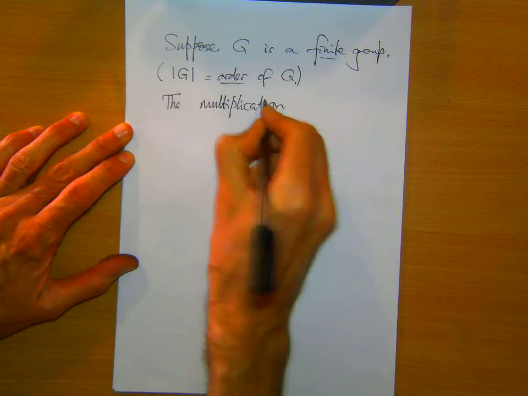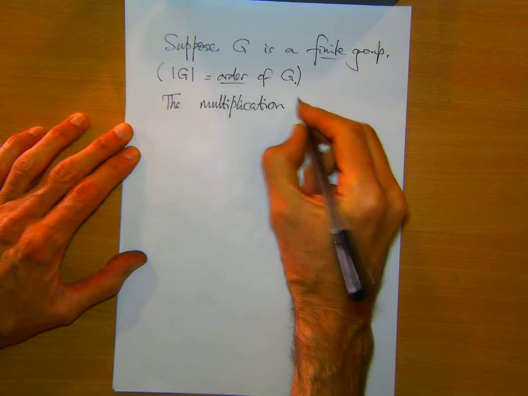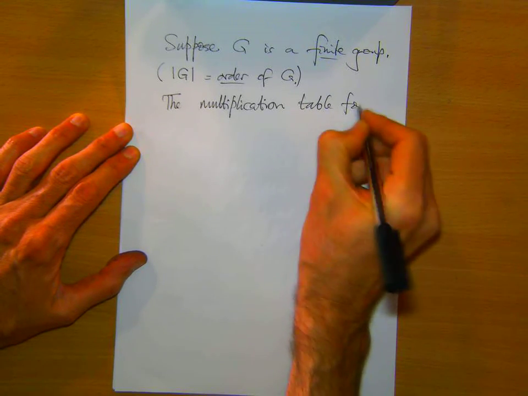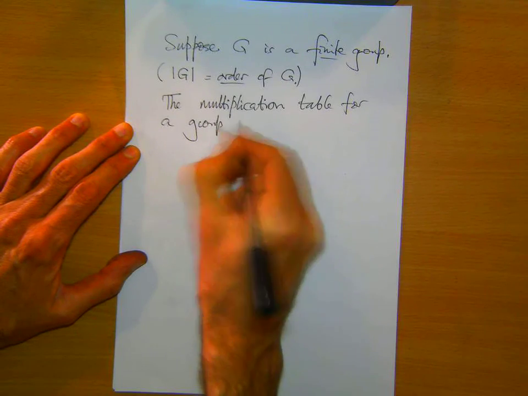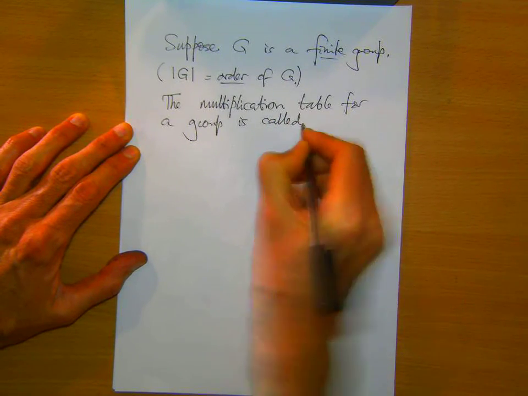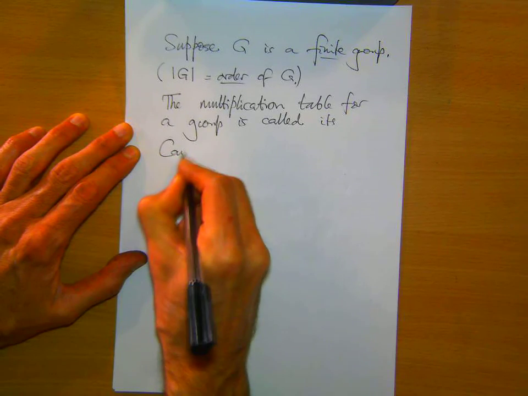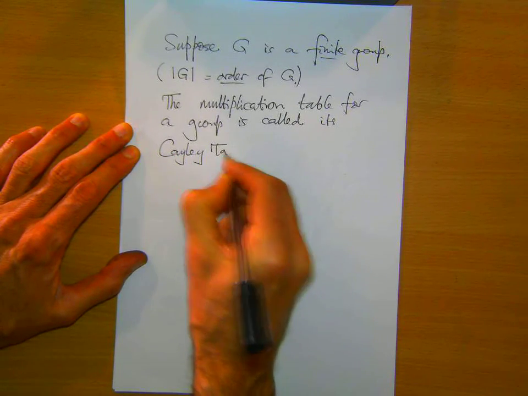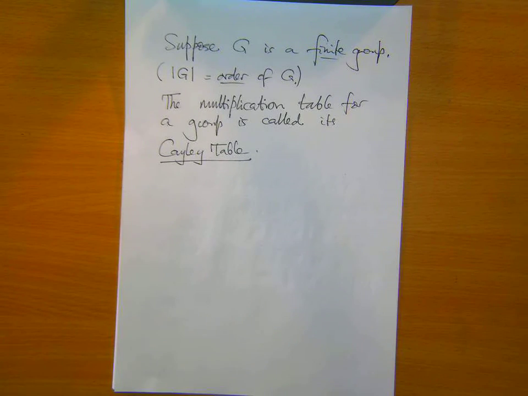It's called its Cayley table. Arthur Cayley was a very important English mathematician of the 19th century, and he did a lot of work on group theory, so group multiplication tables are called Cayley tables after him.